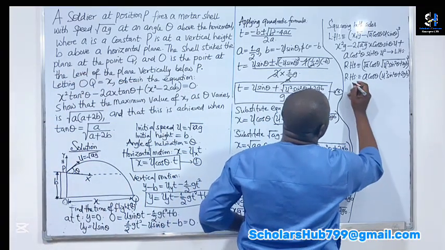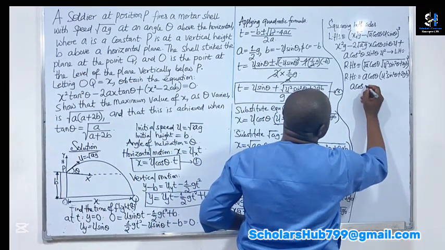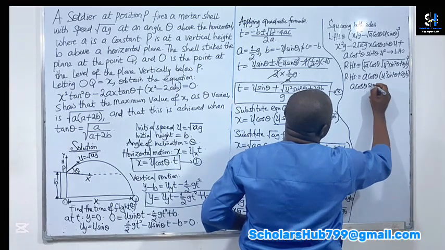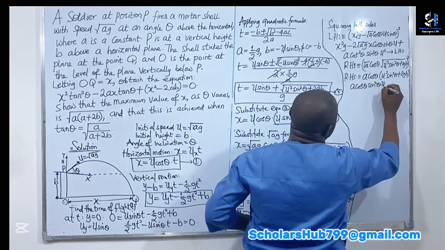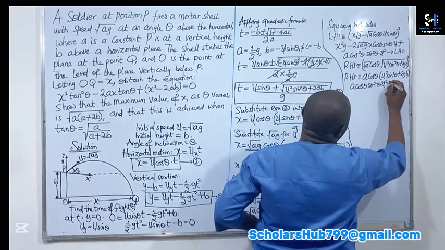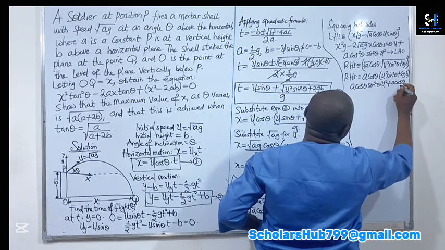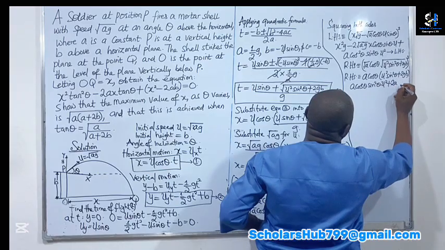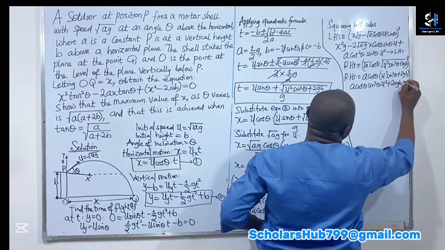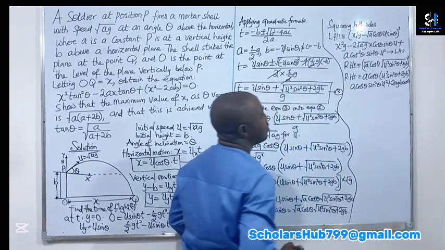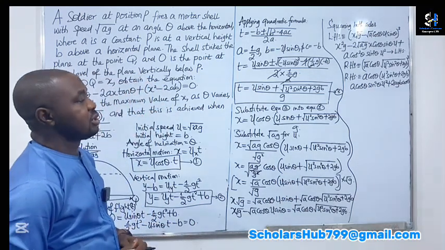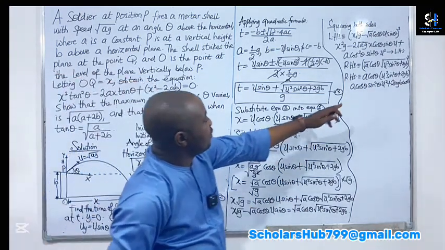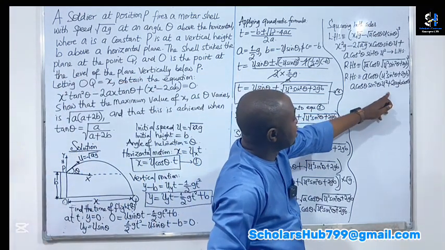Then let me distribute this so that we have a cos theta sine squared theta u squared plus a cos theta times this, that will be 2agb cos theta. That's correct. Now this is the right hand side.